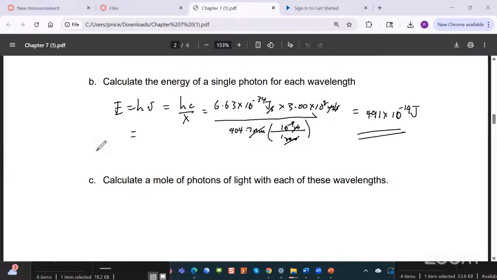Now, okay, so this is the way that Mr. Hernandez suggested. What I would have done is take the frequency value from the A part and put it right here, and you should get the same result. So that would be 6.63 times 10 to the minus 34 times, what was the frequency from the first part?